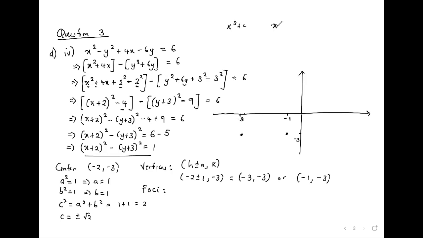We'll have (x+2)² is equal to, if y is 0, 1 plus 9, which is equal to 10. Then when you square root, we get x plus 2 is equal to plus or minus root 10. So that x is −2 plus or minus root 10.